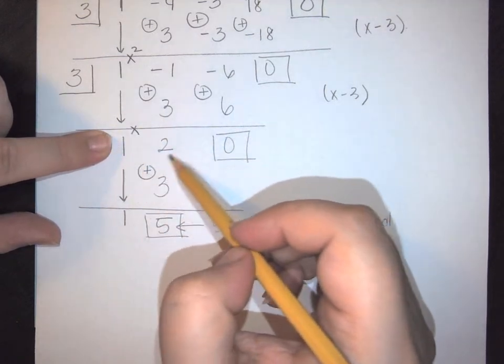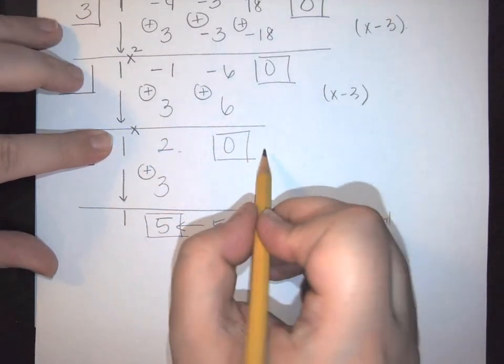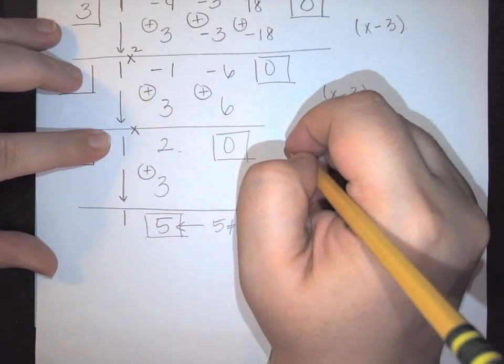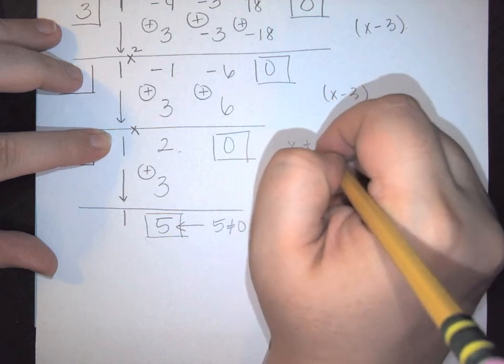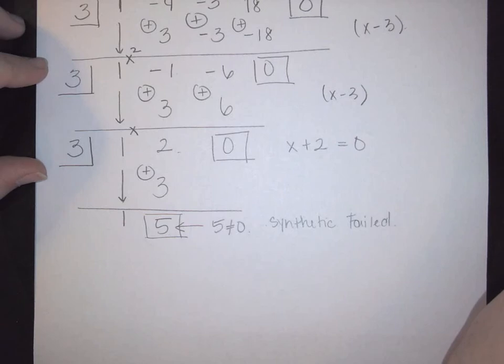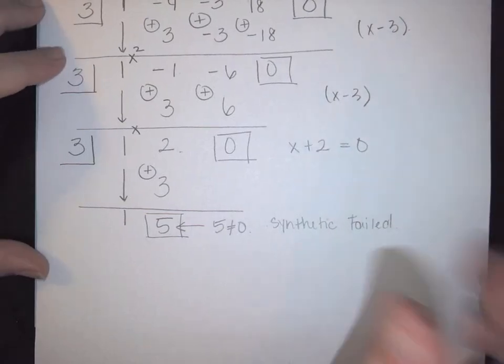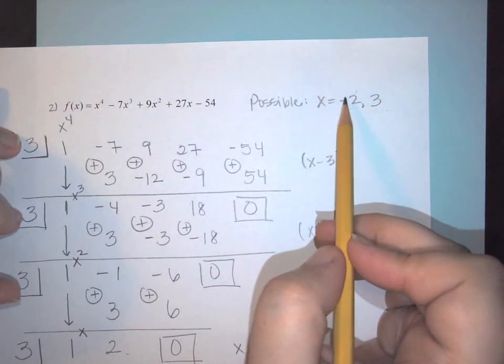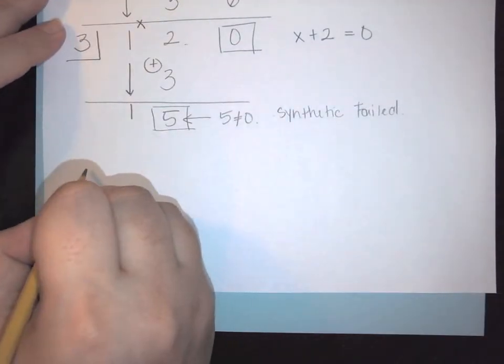Now, what do we know about this equation here? This equation here is going to be x plus 2 equals 0. So, if I were to test my other 0, because I had that negative 2, let's see what happens.